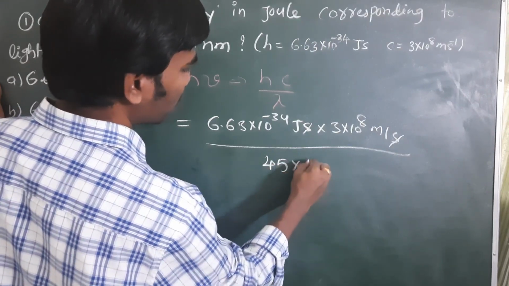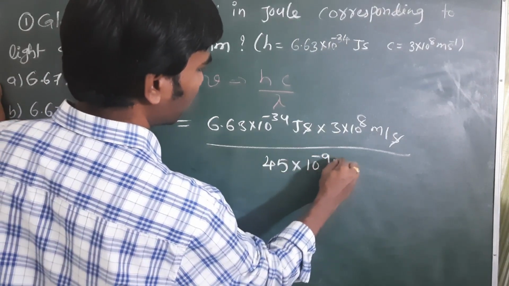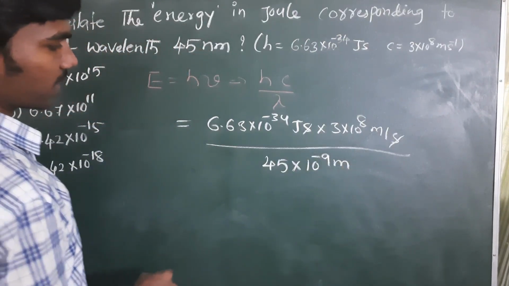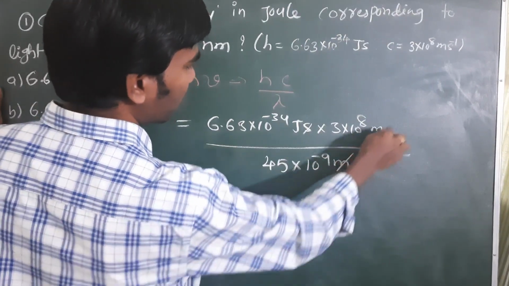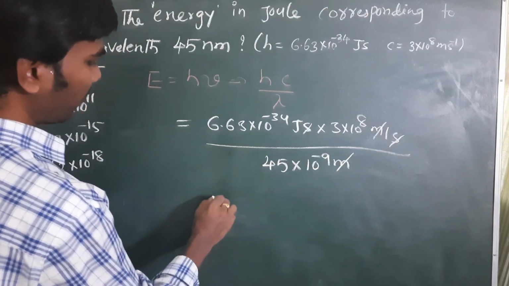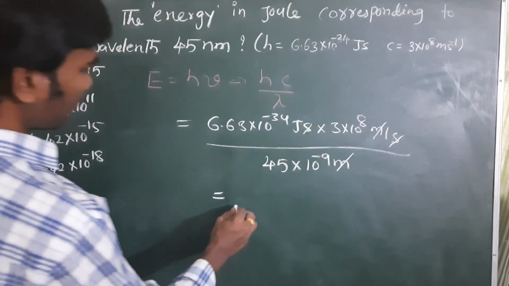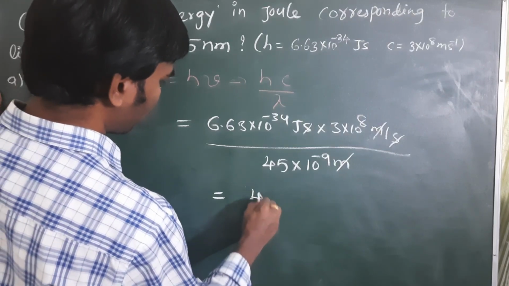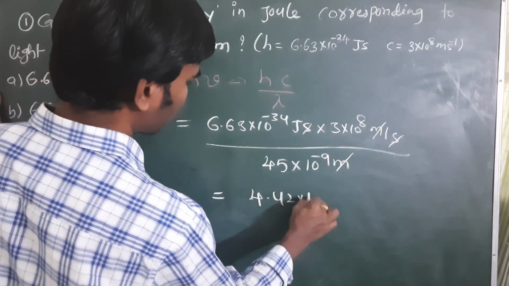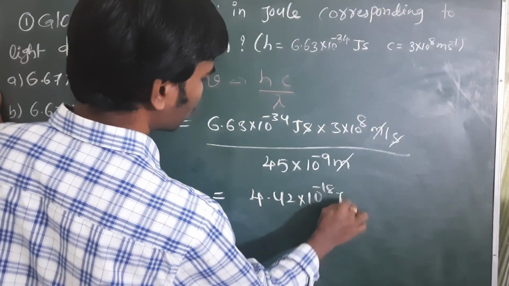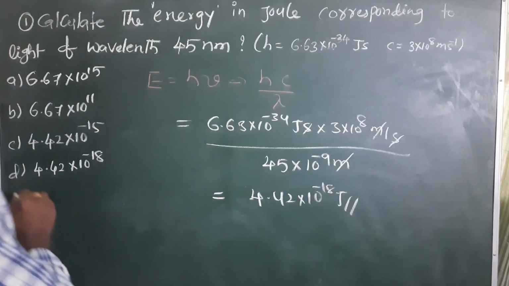So 1 nanometer is equal to 10 to the power of minus 9 meter, so we have to convert into meters, right? So meter gets cancelled. Then if you simplify this, you are going to get 4.42 into 10 to the power of minus 18 joules. So the answer is this one.